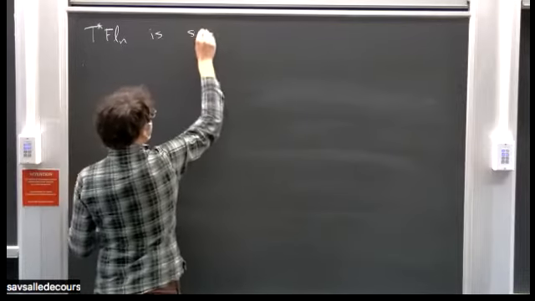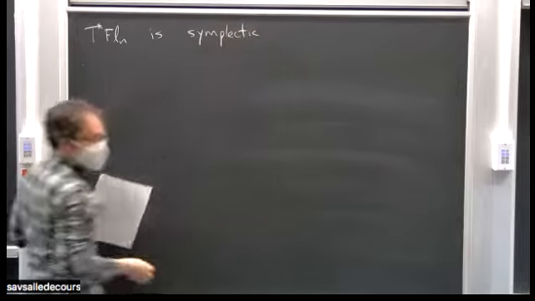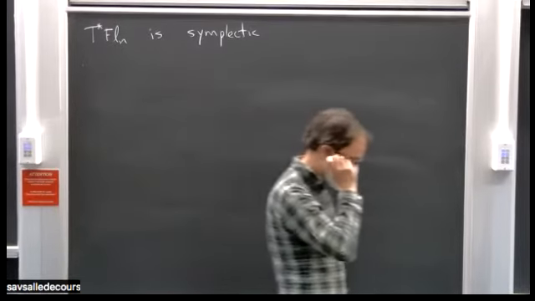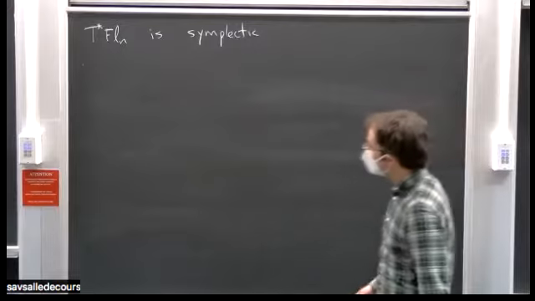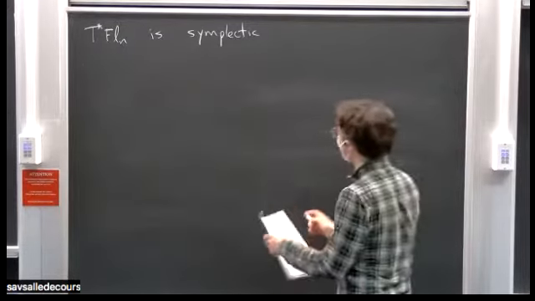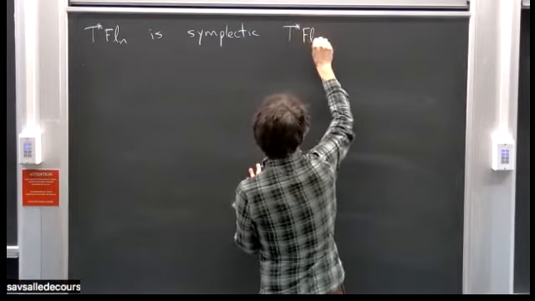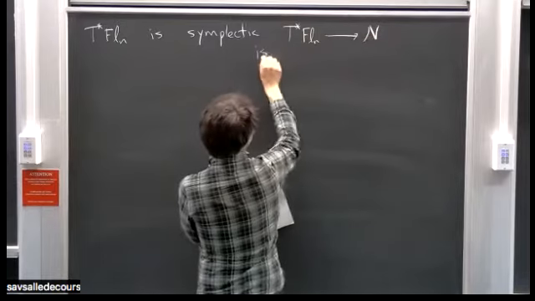Whenever I say symplectic in this talk, I always mean algebraic symplectic structure, or you could say holomorphic symplectic structure. So the cotangent bundle of the flag variety is symplectic, and the map from it to the nilpotent cone is a resolution of singularities.